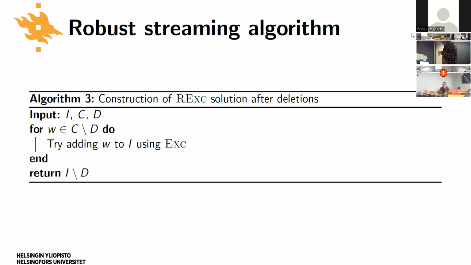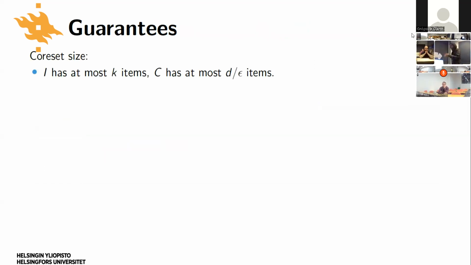So two very simple algorithms. So what can we say about them? First of all, just the size. So this coreset size. The I, this tentative solution, has at most k items. So k, if you remember what k was, is if you have a cardinality constraint, k is just how many moves you have. If you have a matroid constraint, then k is computed from those matroids. As I said before, it has maximal size.